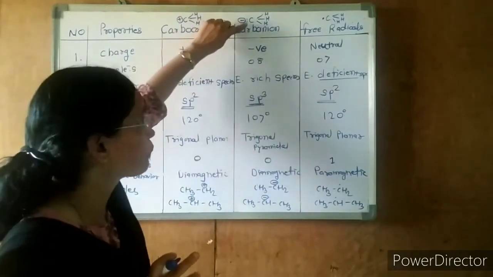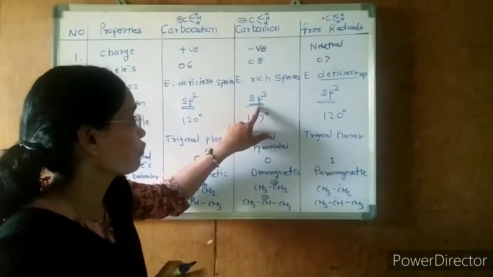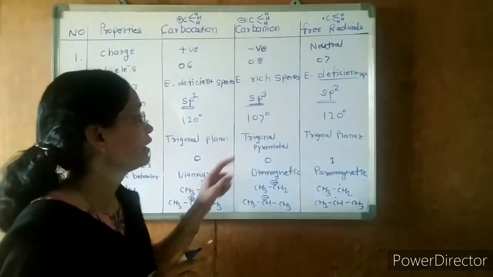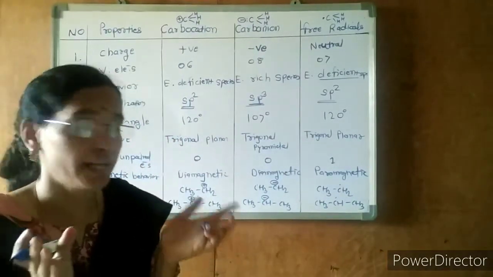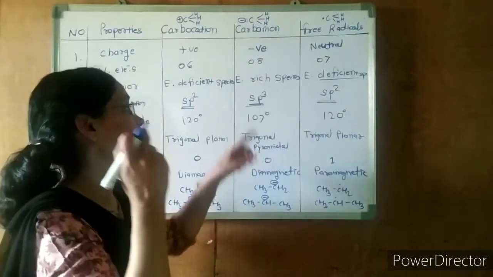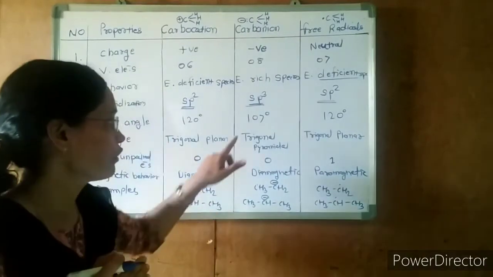So here a lone pair is present in this molecule. No doubt the hybridization is sp3, but one lone pair is there, and that's why there is a repulsion between the lone pair and the bond pair. That's why the bond angle decreases from 109 to 107 degrees. What is the reason?